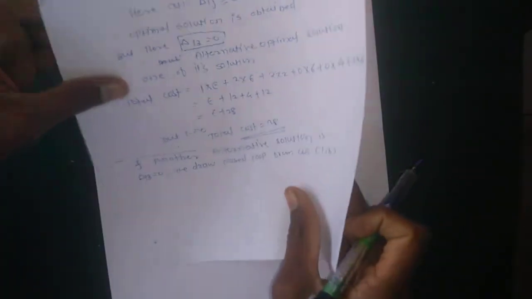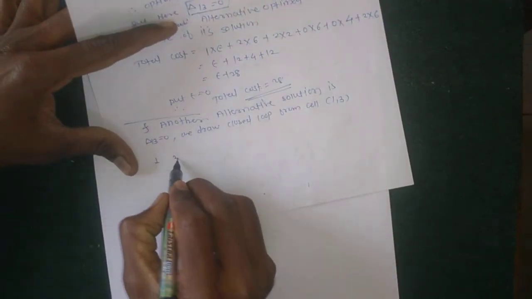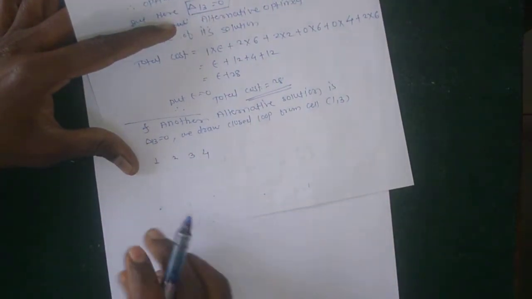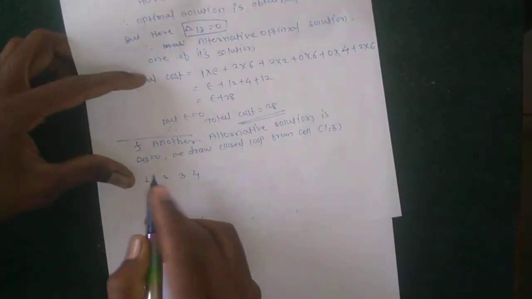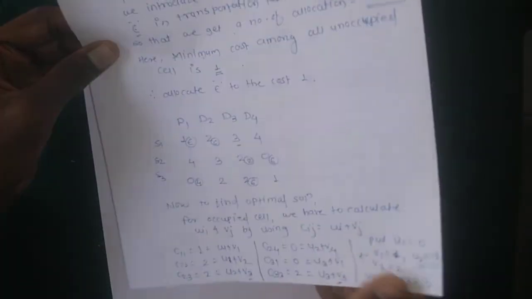So, writing this closed loop: 1 2 3 4, then the next values are 4 3 2 0, then 0 2 2 1.